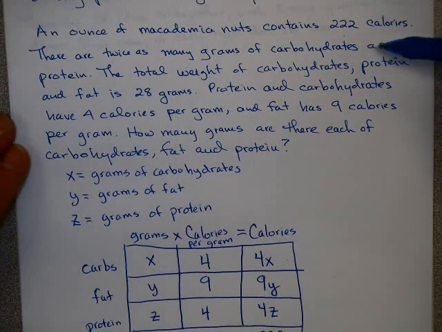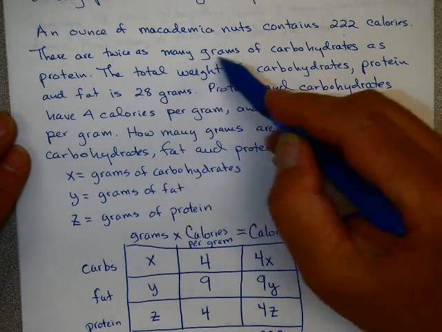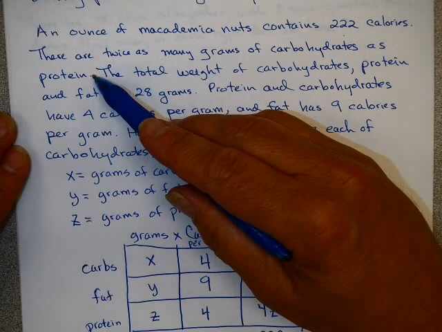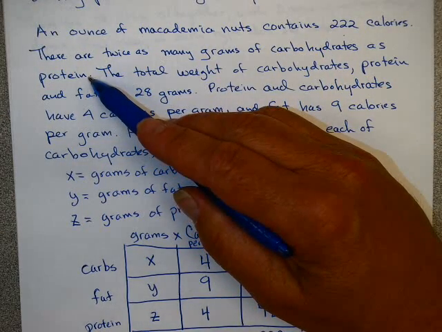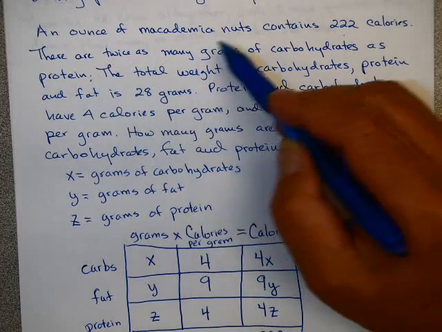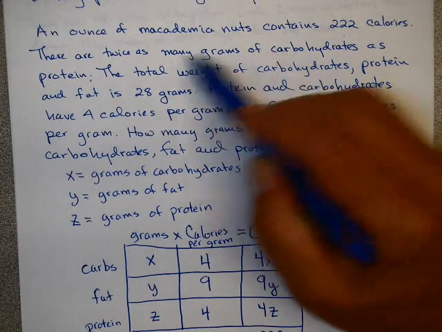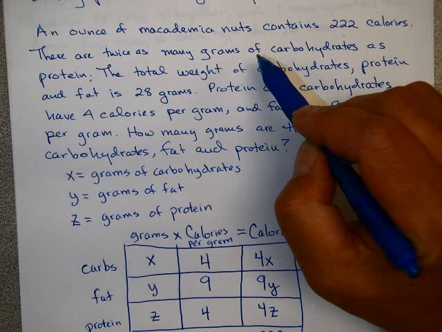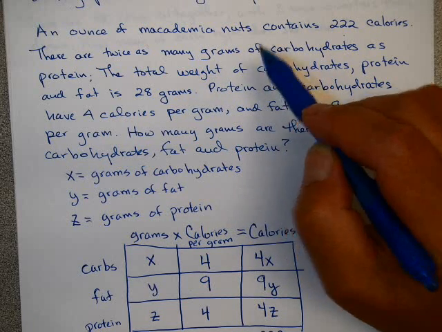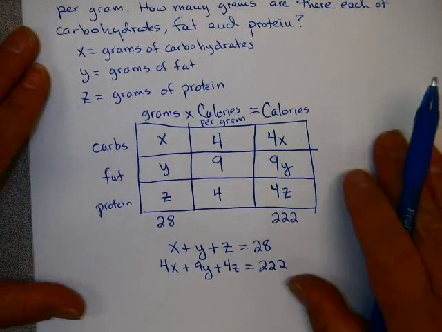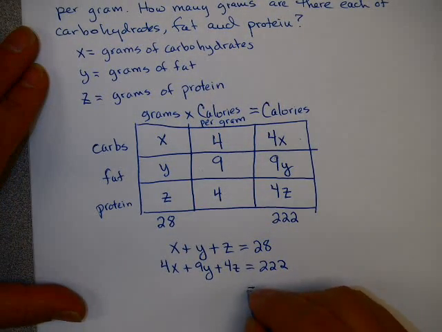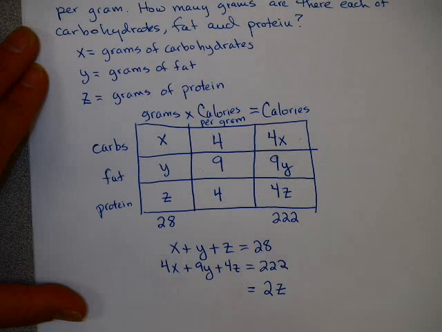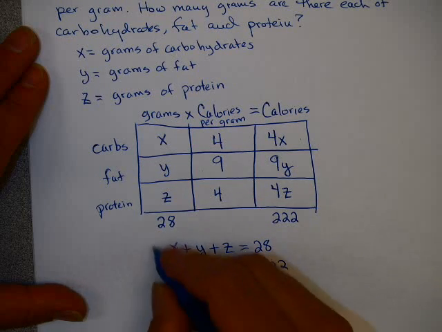You'll notice the second sentence is there are twice as many grams of carbohydrates as protein. What that means, for example, is if I had 30 grams of protein, I'd have 2 times that amount in carbohydrates. So I'd have 60 grams of carbohydrates. So if I have z grams of protein, I'm going to take that and multiply by 2, and that will give me my grams of carbohydrate.